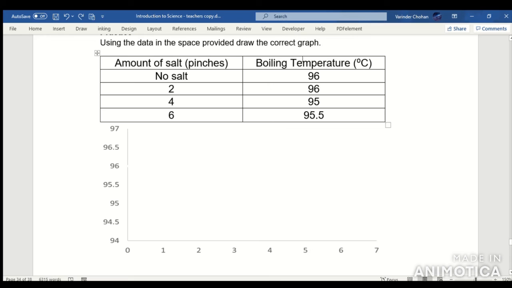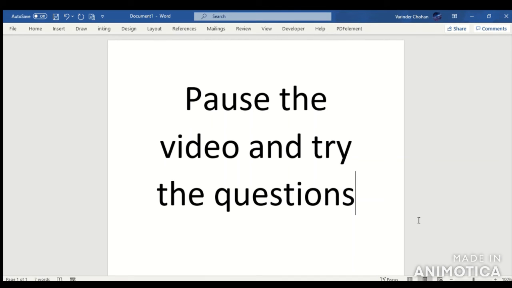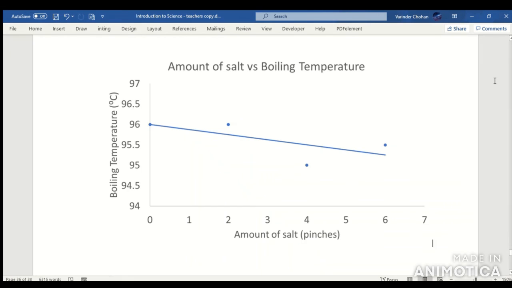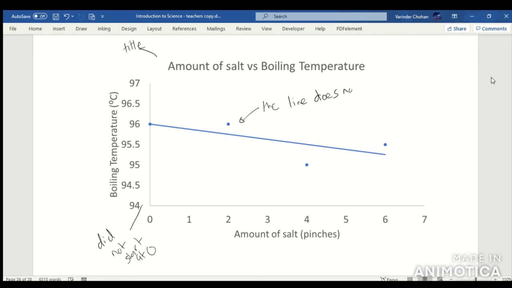Using the data, draw the correct graph type. The line should be as close as possible to as many points on the graph.